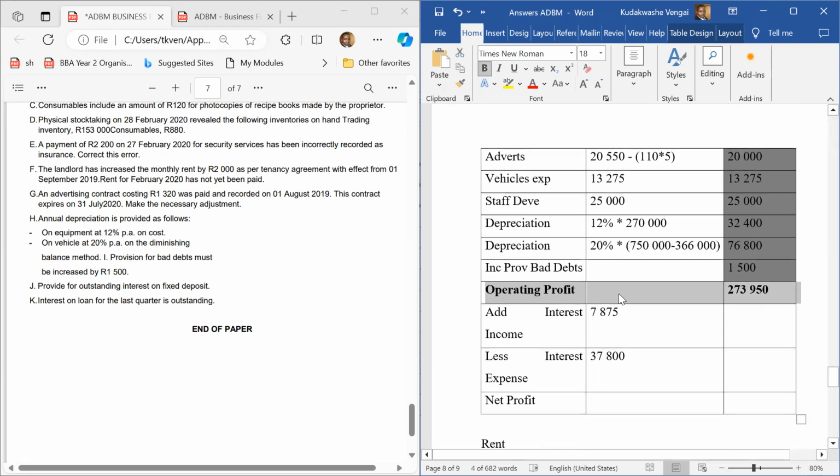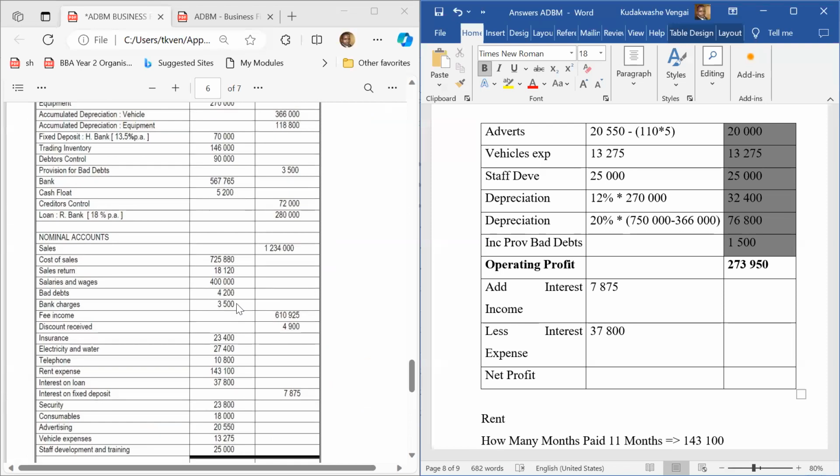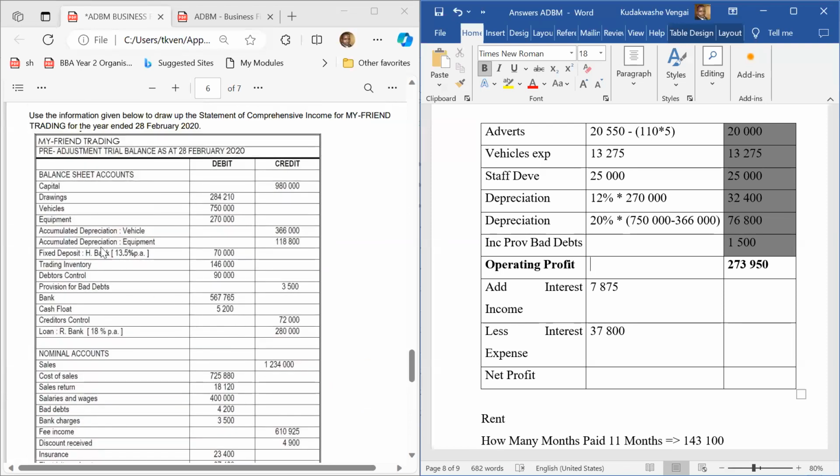And then we can now talk about interest. So provide for outstanding interest on fixed deposit. Interest on loan for the last quarter is outstanding. All right. So the best way to do these ones is to just check the percentages, right? So fixed deposit says 13.5% per annum, right?